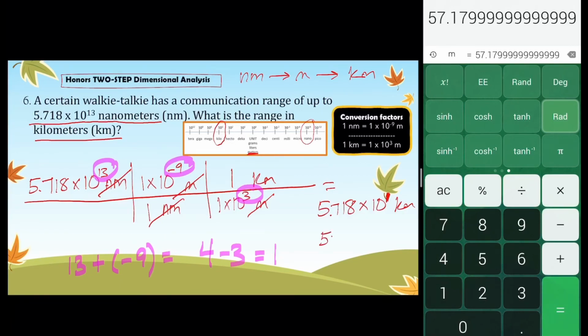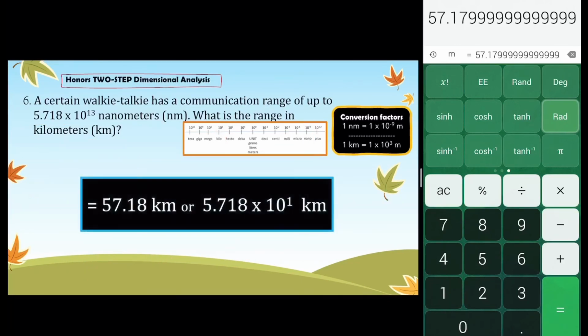Okay, so our calculator answer comes out to 57.18. And remember, if you move the decimal over to write this in scientific notation, one place to the left, that means you're going to have to add 1 to your exponent, which is what we did here. So that's our final answer. And that's it for two-step dimensional analysis problems.